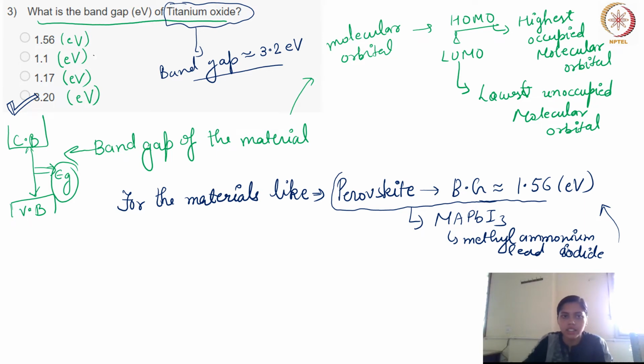And for these two options, which show band gap values near 1.1 or 1.17 electron volt, can anyone tell me any material which has a band gap value near 1.2 to 1.4 electron volt, or in between this range?